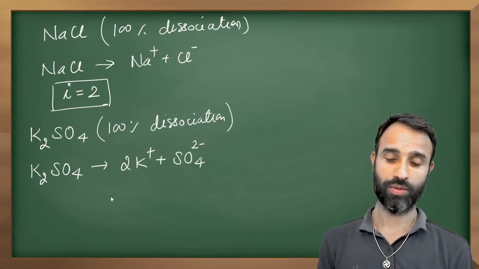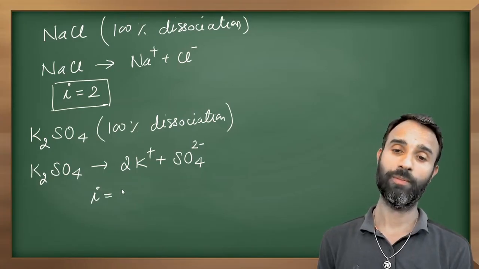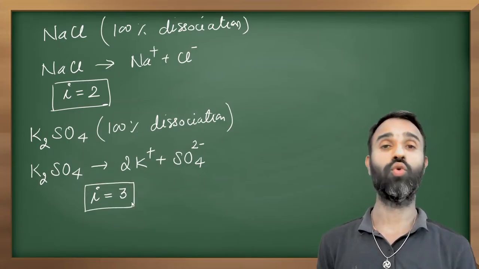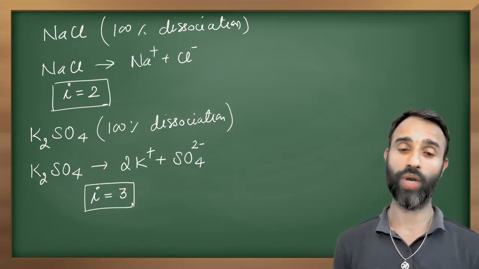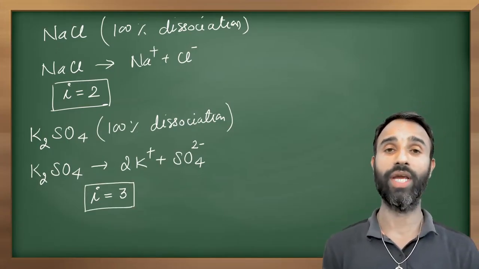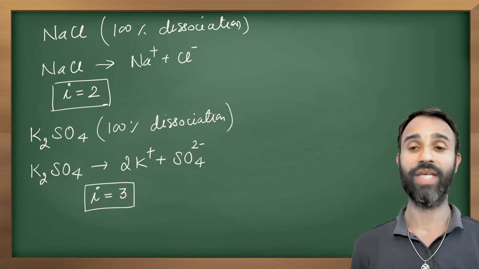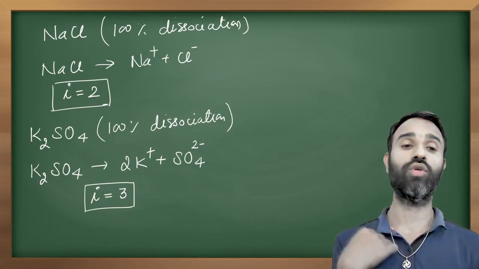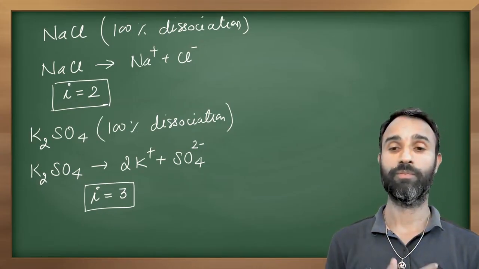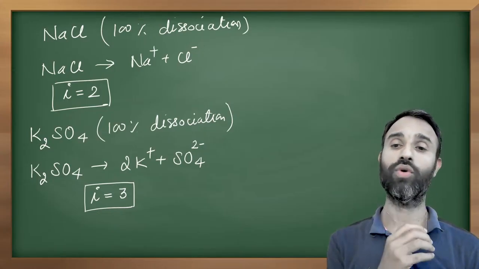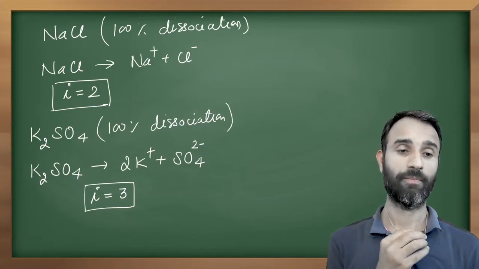So I is equal to 3, because 2K plus and 1 SO4 2 negative. Total number of particles it will give are 3. Very good. It is 2 for NaCl, and for K2SO4 it is 3.